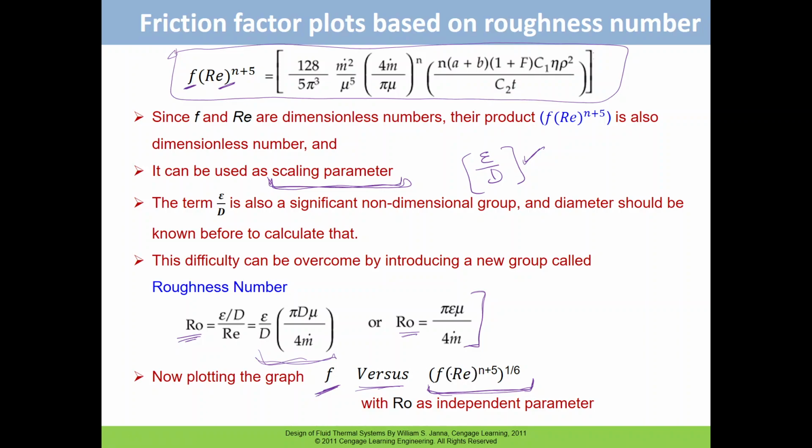The Reynolds number is non-dimensional, f is non-dimensional, and the roughness number is again non-dimensional. So we will see how we can draw the plots between f and f Re with this expression.